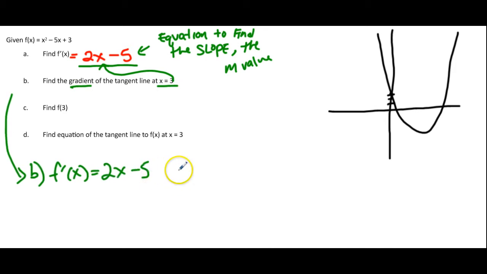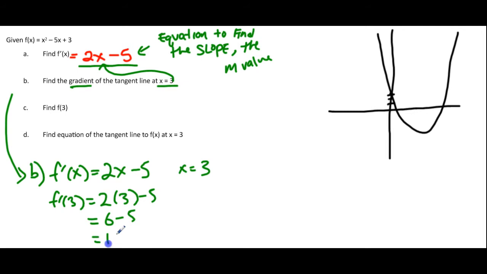At x equals 3, f prime of 3 equals 2 times 3 minus 5, that's 6 minus 5, and that's 1. So this answer is your slope, your m value. Just keep that there. The next thing they want us to do is plug 3 into the original.